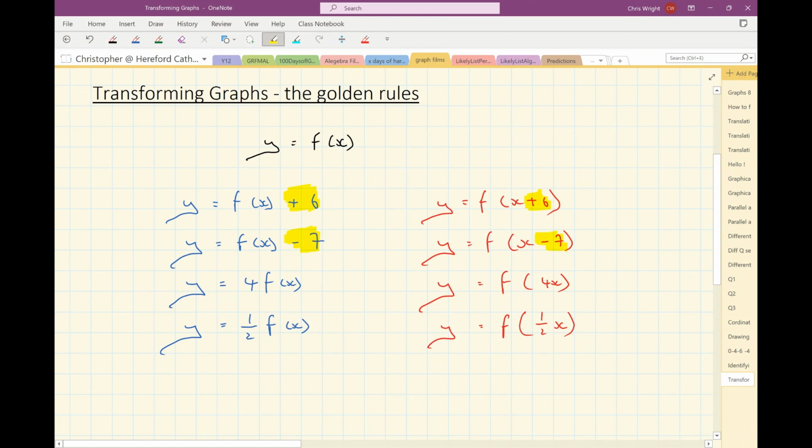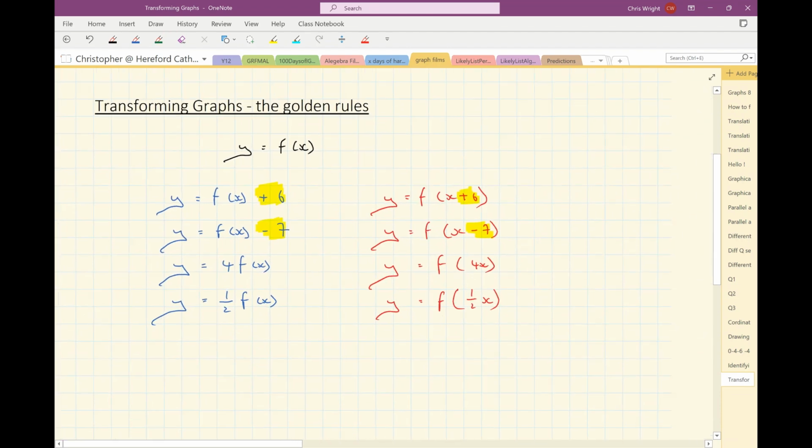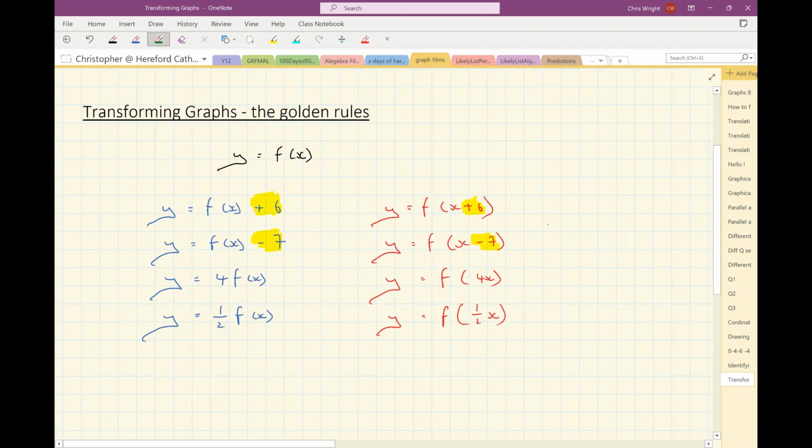In that case, my graph is going to be translated. It's simply going to be picked up and plonked somewhere else. Or is the change a multiplicative change? In these cases, the change is multiplicative. So my graph is going to be stretched.